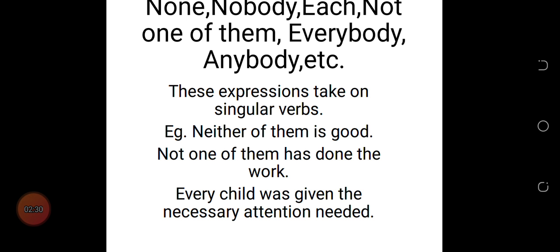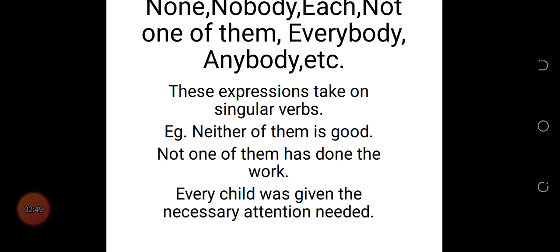Okay, so let's start. These expressions take on singular verbs. That is the most important thing you should know. When you use them, you should know that they take singular verbs.